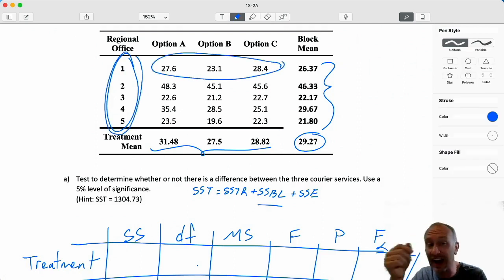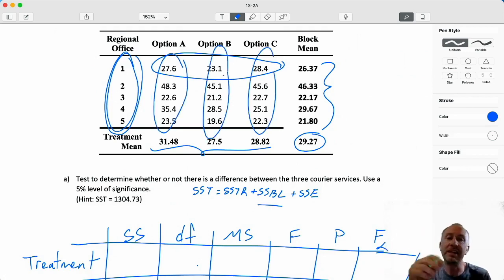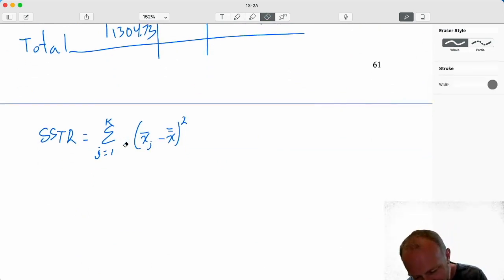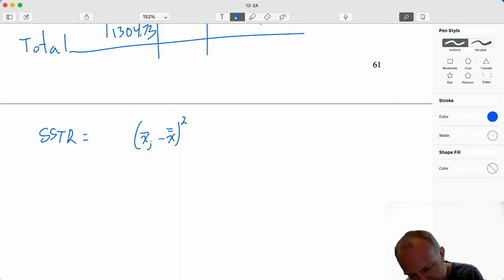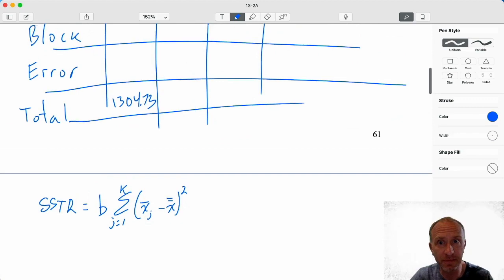So if I have 5 experimental units, I'm going to have 5 observations in each of my samples. So I no longer need to have this inside of the summation, so I'm actually going to just rearrange this. And it comes out here, and now it's B for blocks rather than N for sample size. Change in notation, but exactly the same type of calculation.